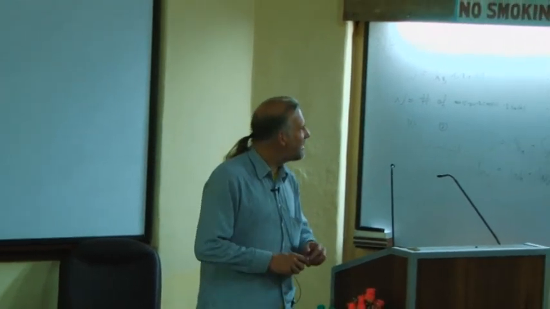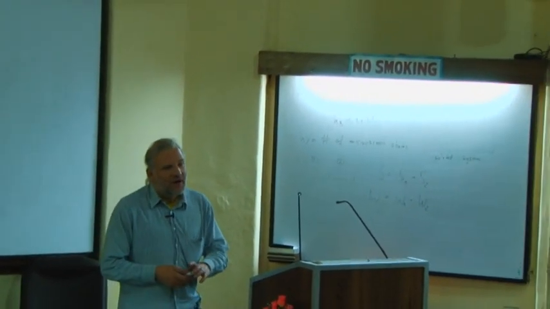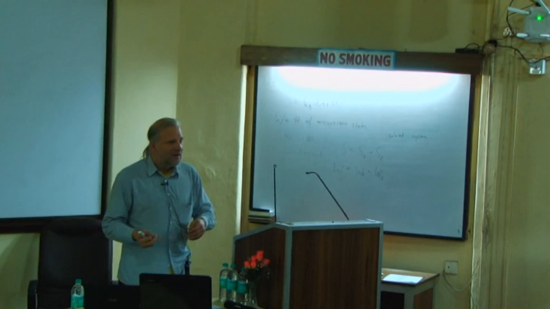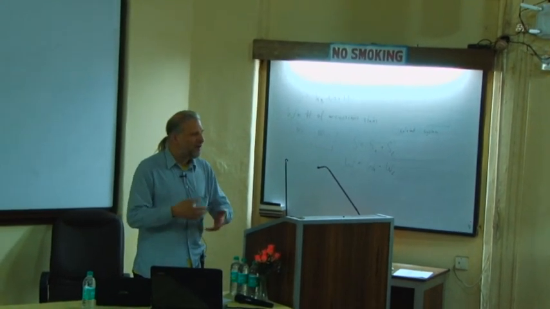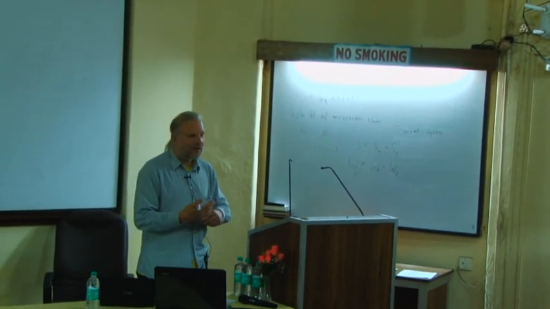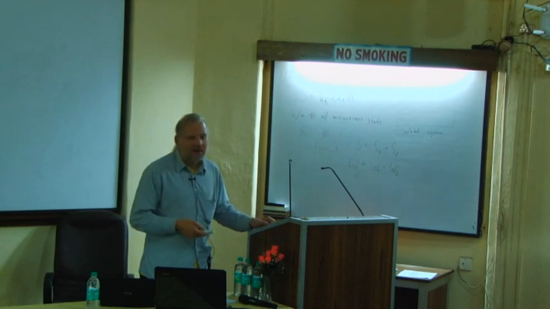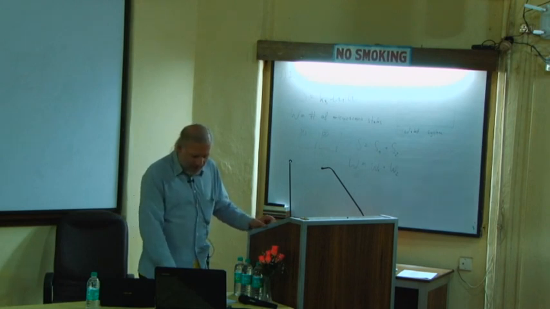Okay, Boltzmann came before quantum mechanics. He couldn't use this. So he correctly said that the number of microstates would be proportional to the number of ways an atom can choose its state. So what's the state of an atom?